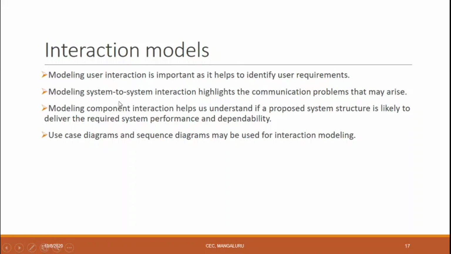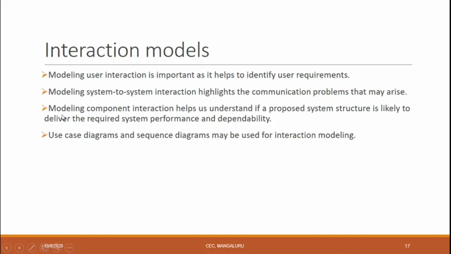Modeling system to system interaction highlights the communication problems that may arise. In the interaction model, the main thing is to highlight the problems that arise during the communication between the system requirement as well as the client.